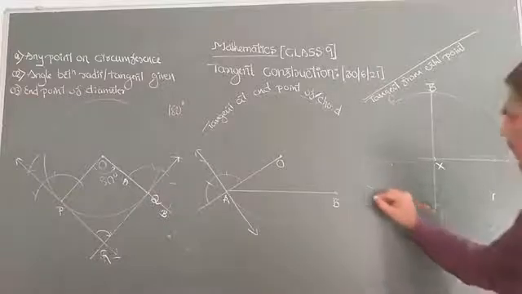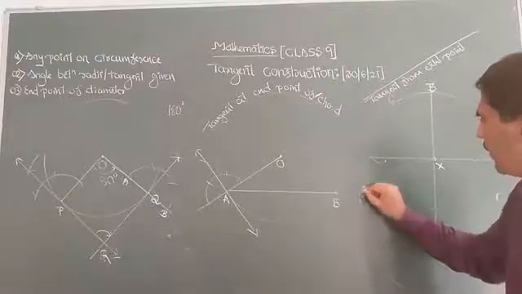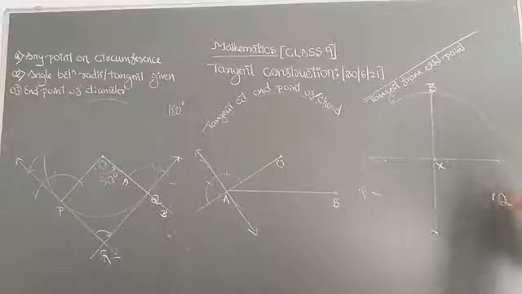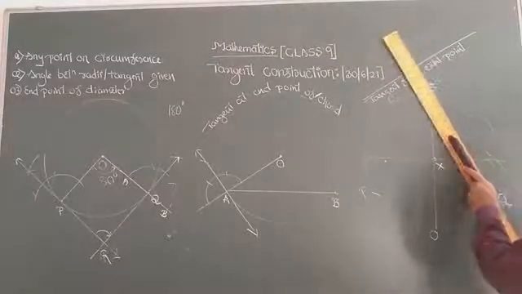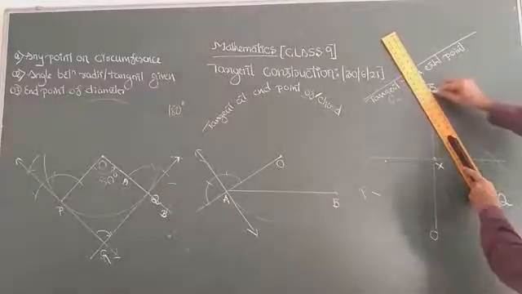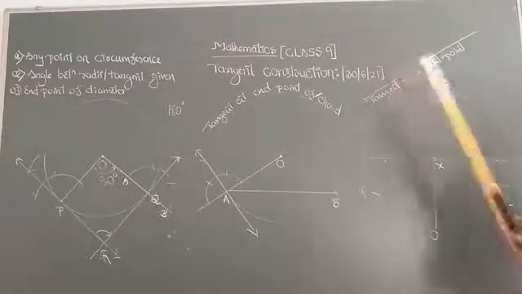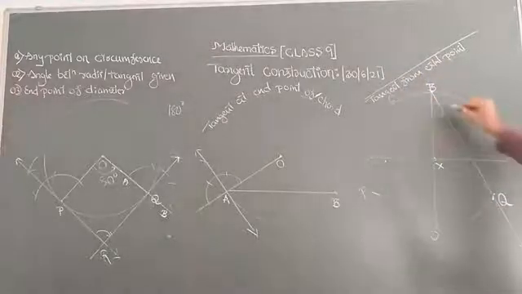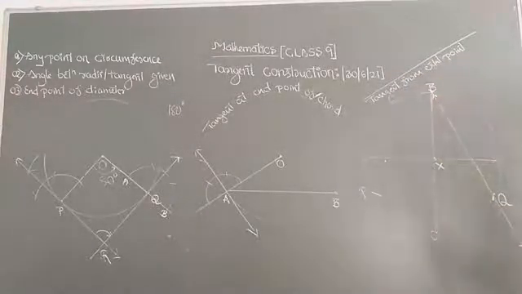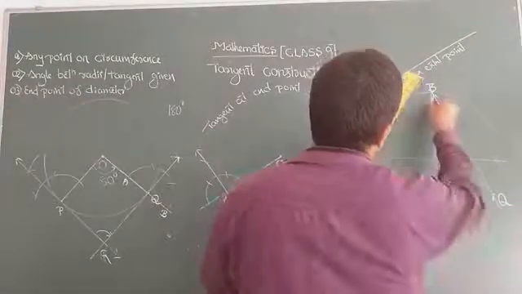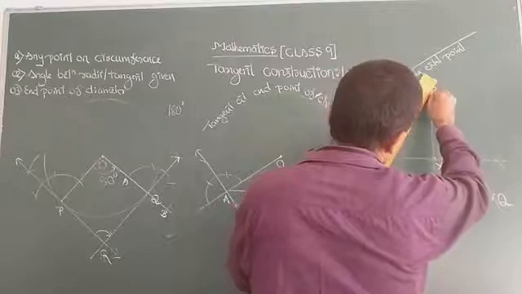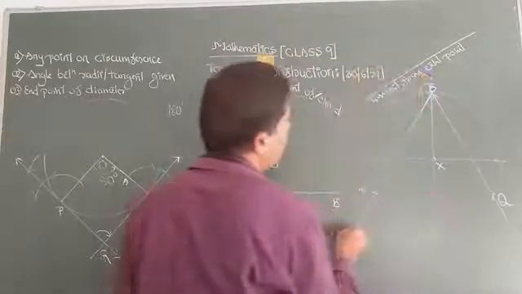Mark them, name them, let us say P and Q. Now this meeting points we join with B. So when I join the meeting point with B, I will get the required tangent. So tangent QB is an external tangent drawn from external point B. Similarly, I have tangent PB.